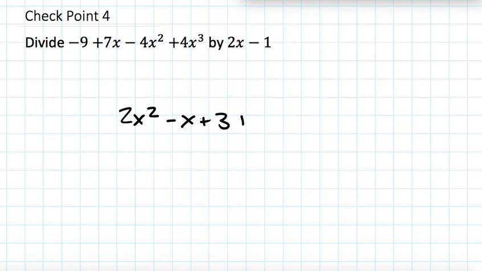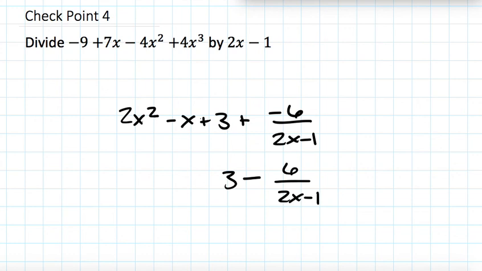You can write plus negative 6 over 2x minus 1, or 3 minus 6 over 2x minus 1. Either way would be fine for entering it into my math lab, so just be aware of that. So do this problem in your notes, see if you can get this answer, and then when you're done, you can move on to the homework.